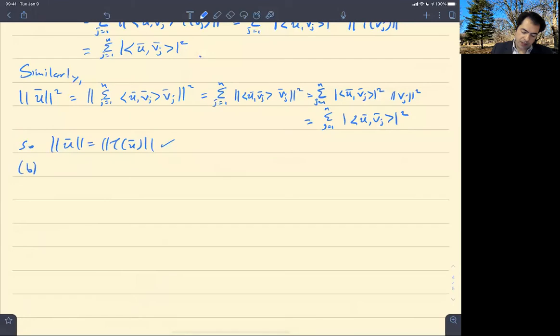Next, we want to show that B implies C, right? So we get to suppose that T is an isometry.